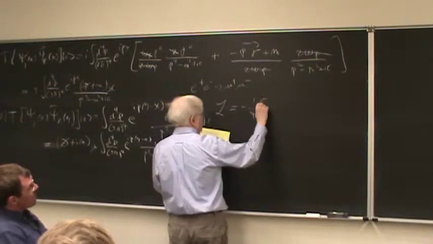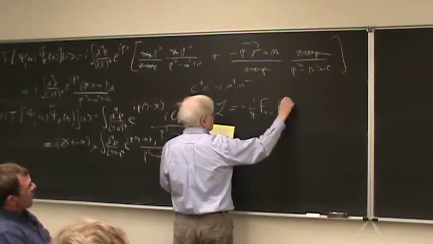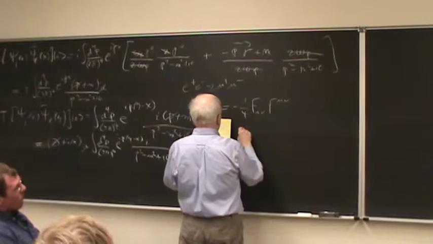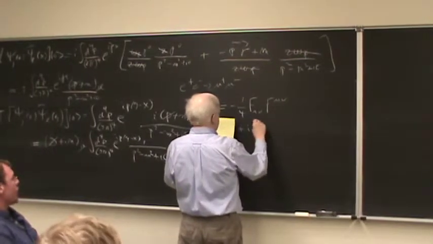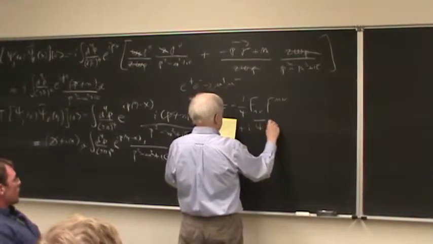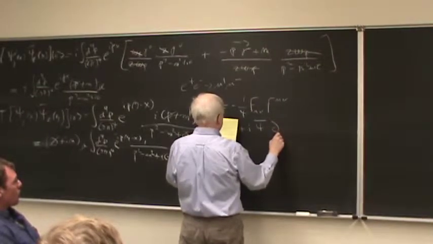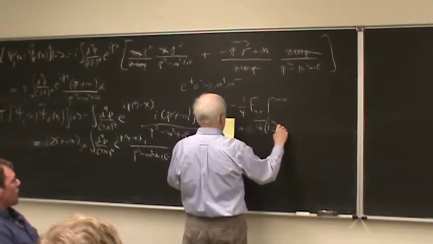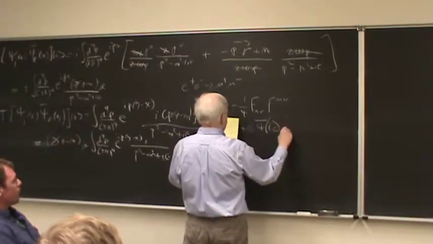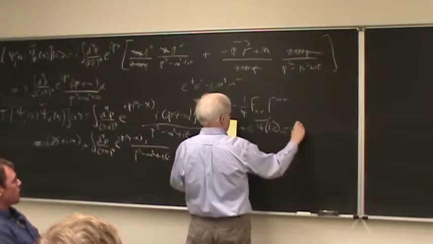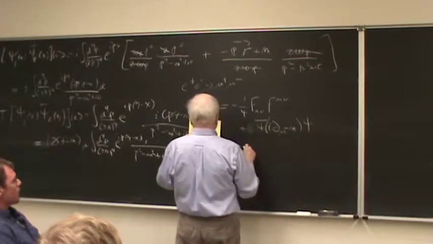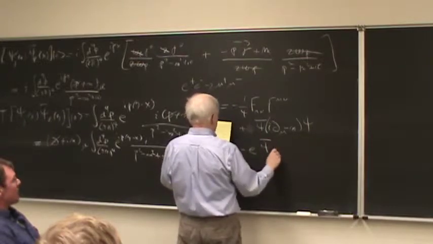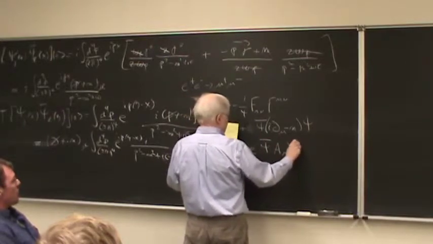It's minus a quarter F mu nu, F mu nu, plus I psi bar, well, let me do it this way, I d slash minus m psi, and then minus E psi bar A mu gamma mu psi.